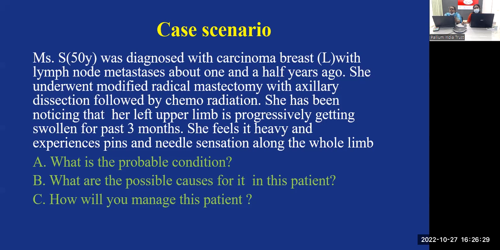So this kind of patient you can treat with massage, bandaging, exercise and skin care. These are the four ways to manage this kind of edema. This is very important. This is one of the major nursing issues in palliative care. And also apply a compression bandage here.